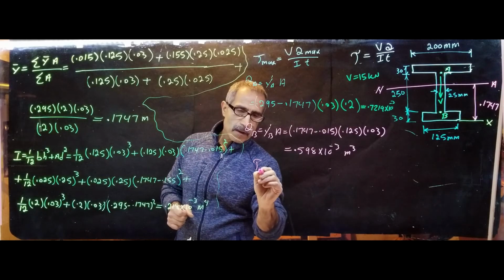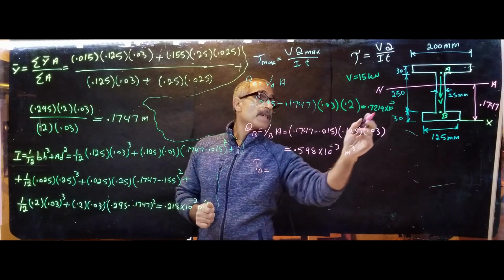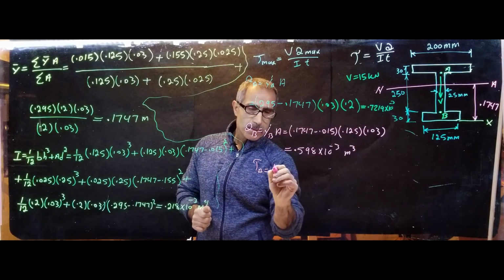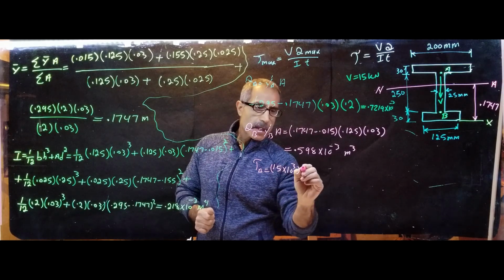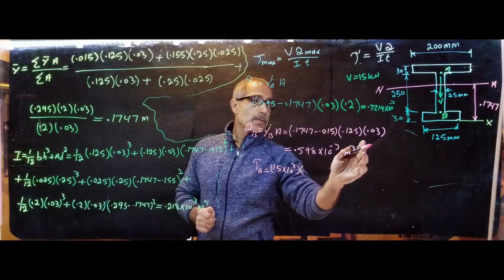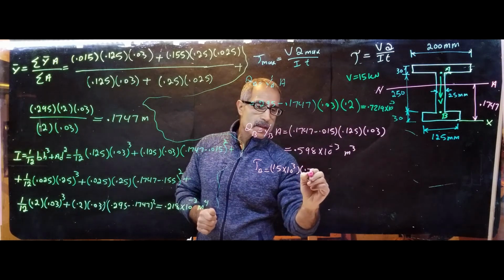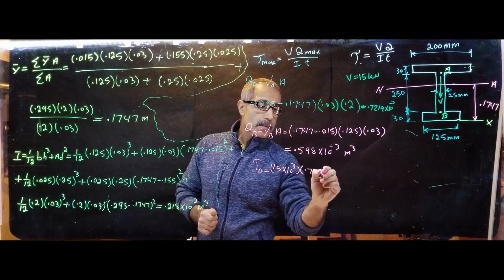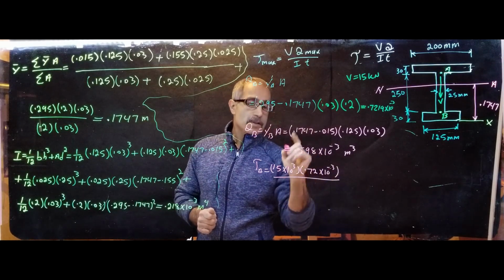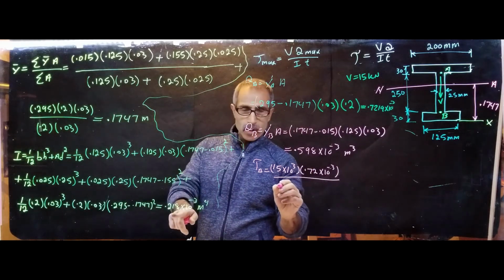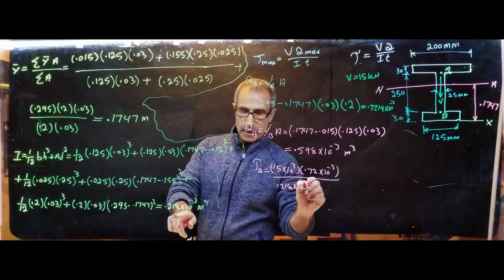Tau A is equal to VQ over It, and V is 15 kilonewtons, 10 to the power of 3, and Q came out to be QA, which is right here, 0.72 times 10 to the negative 3, divided by, now you have to pay attention here, I, which is 0.218 times 10 to the negative 3.